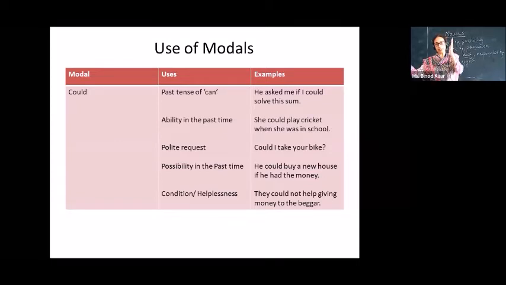So these are the different usages. You need to be very clear. Could is polite. Could I take your bike? If you say, can I take your bike? It shows sometimes as if you are ordering the other person. You are not requesting. Can is not in a requesting mode. Can is a bit towards impolite.